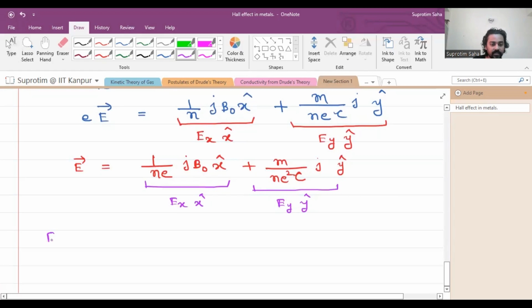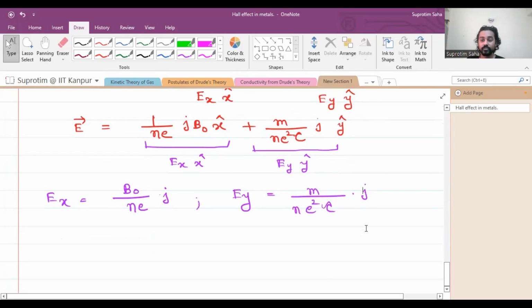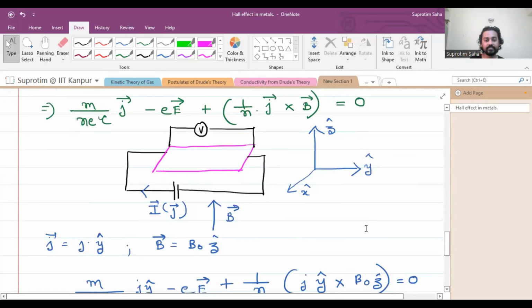So Ex is given by B naught by ne times J. On the other hand, Ey is given by m over ne squared tau times J. So although you applied an electric field in one direction, the electrons were moving in this direction and your current was in this direction.